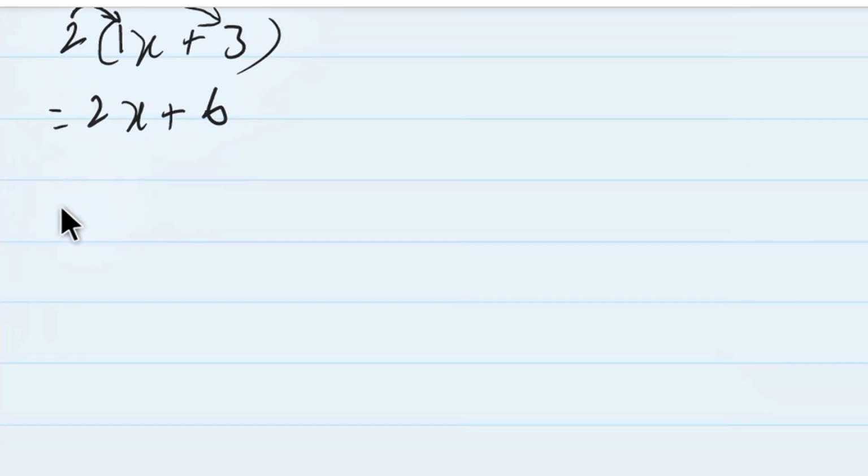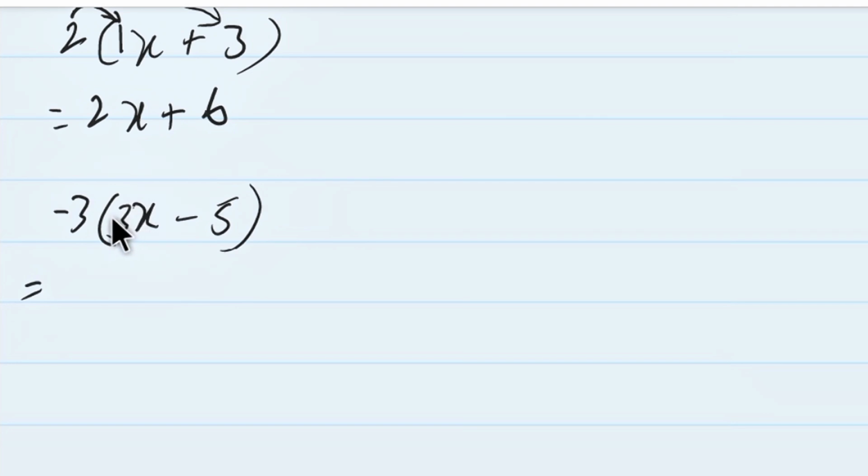Now let's simplify another expression. Actually while multiplying we multiply three things. First we multiply symbols, then we multiply numbers or constant values, then we multiply variables.